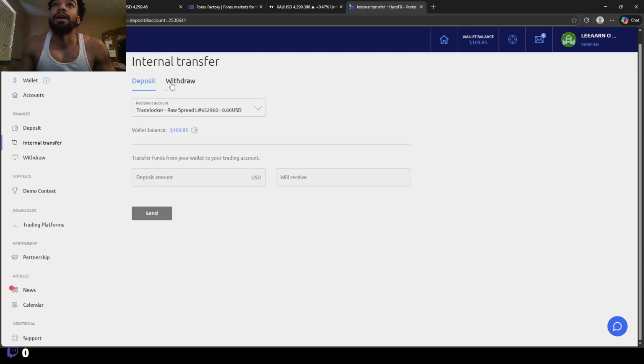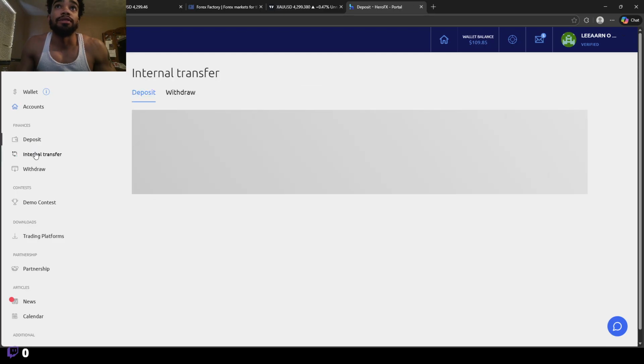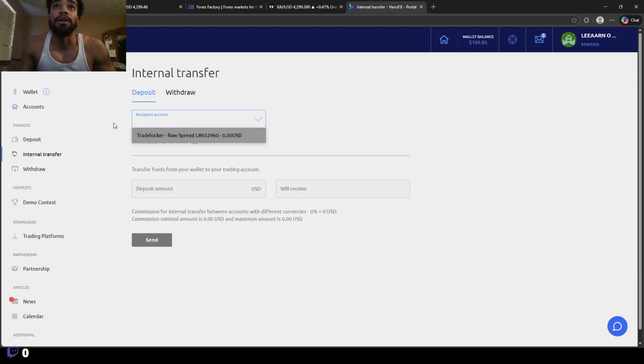So we probably just hit deposit. Internal transfer is what it's gonna look like, right? I don't know why it looks like this. One second, y'all. Let me figure this out. All I did was click here because for some reason it's acting buggy. Make sure it says recipient.